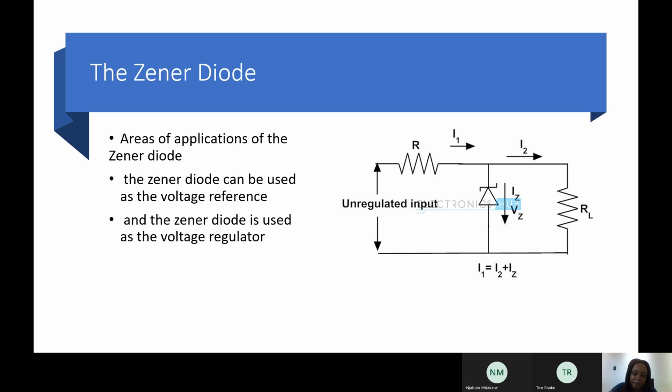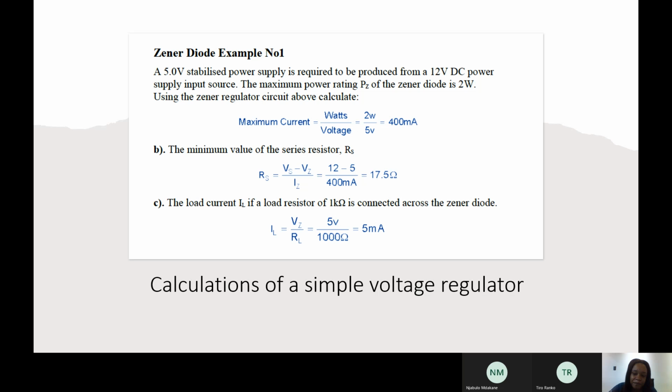So we do now have the voltage going through RL being the same as the voltage going through the Zener because of the parallel rule. We use that as a source of information to get this answer. So IL is equal to VZ, because it's the same as the voltage going through the resistor, divided by RL: 5 divided by 1,000, which is 1k ohms, so times 10 to the power of 3, equals 5 milliamps.